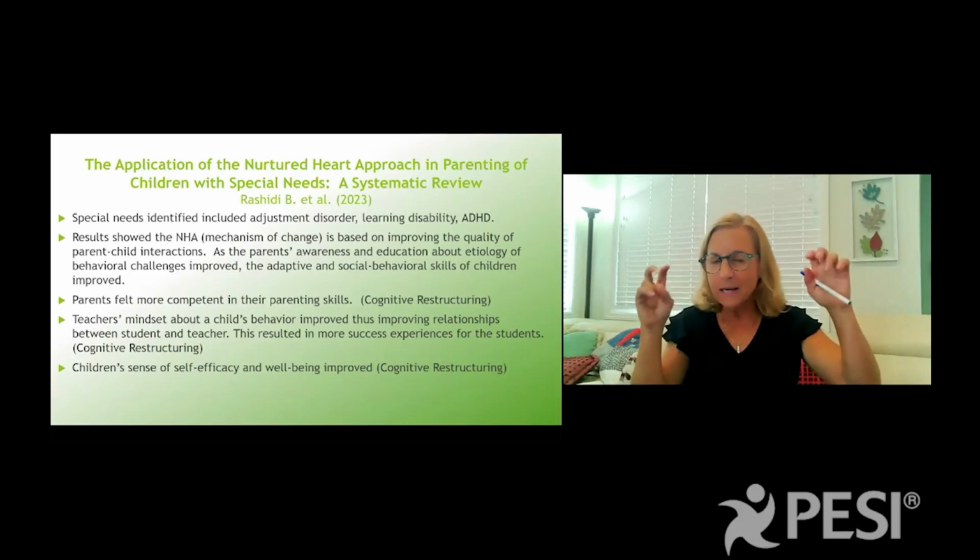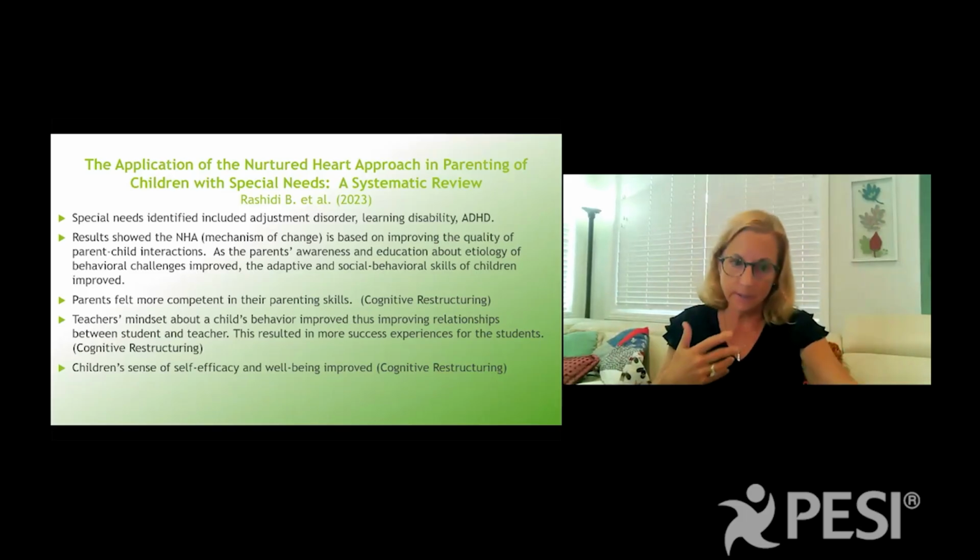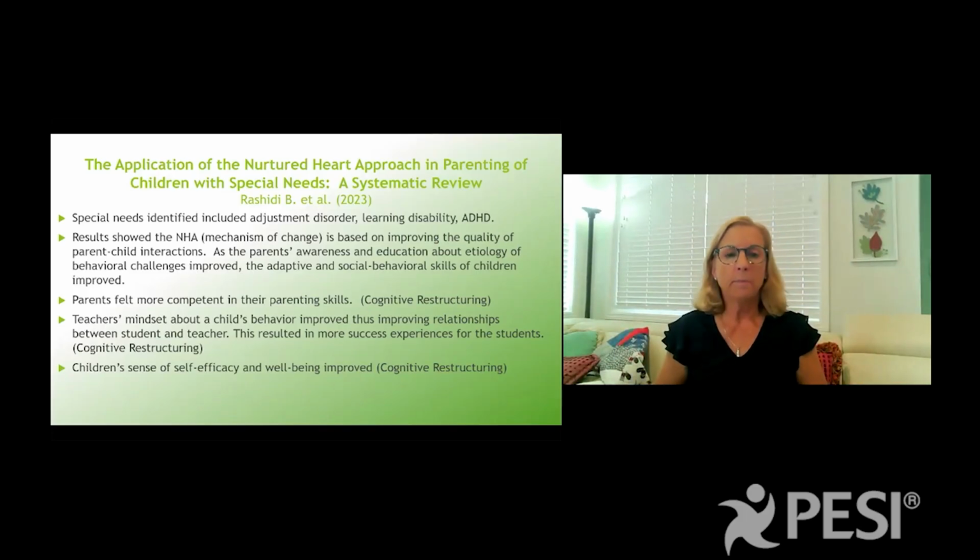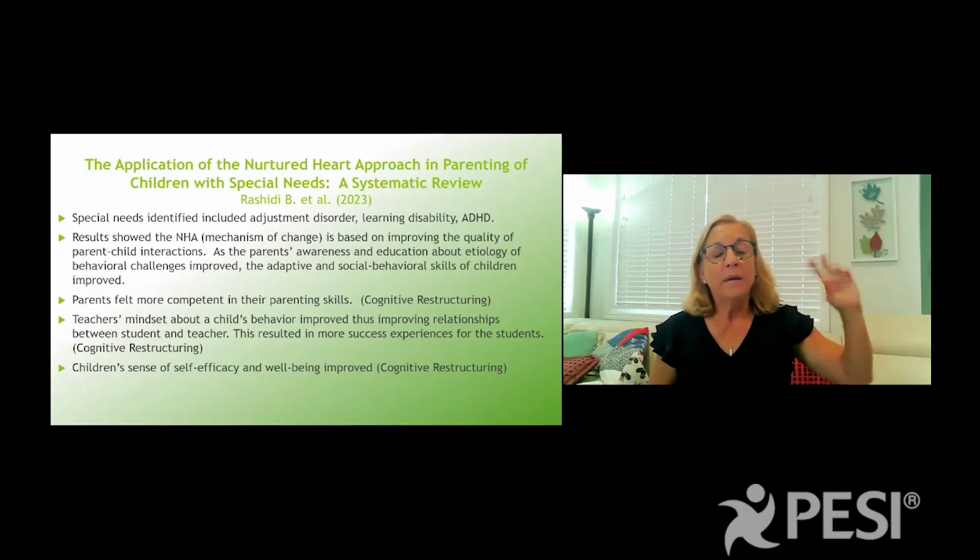You always hear this mechanism of change. Well, this is learning this process based on improving the quality of parent-child interactions. As parents' awareness and education about the etiology of a behavior and behavioral challenge grew, as they understood it better, the adaptive and social behavioral skills of children improved.